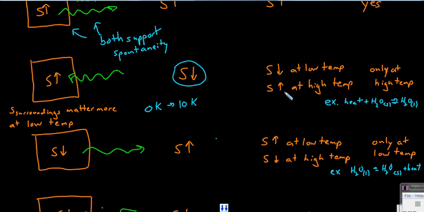But at high temperatures, this entropy of the surroundings has less effect, and so the entropy of the system has greater effect. At high temperatures, that entropy of the system overwhelms the entropy change of the surroundings, and so the entropy change of the universe will be positive. You'll have an increase in entropy of the universe. And so that reaction will increase the entropy of the universe and hence be spontaneous only at high temperatures.